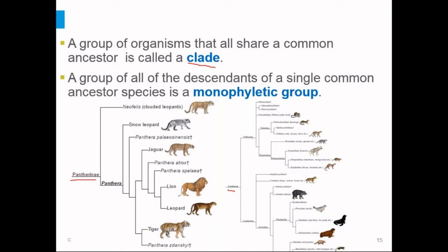It includes the big cats, but it also includes less closely related organisms such as bears and skunks and seals. They did all derive from a common ancestor long ago, but it was more distant, more time has elapsed since then, since this common ancestor that just produced all of the cats.